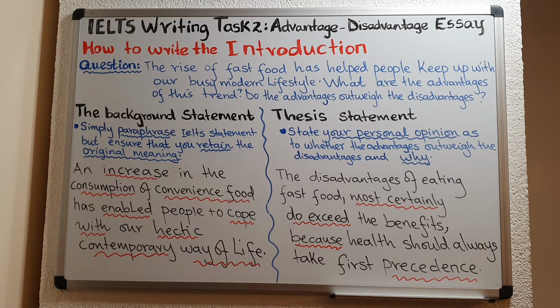That sentence simply means that nowadays people eat a lot of fast food, for example, burgers, fries, kebab. And the argument is that that has helped people to cope or to deal with their modern lifestyles. Nowadays, people are very busy. They don't have time to cook. Instead, they go to fast food restaurants where they buy fast food.